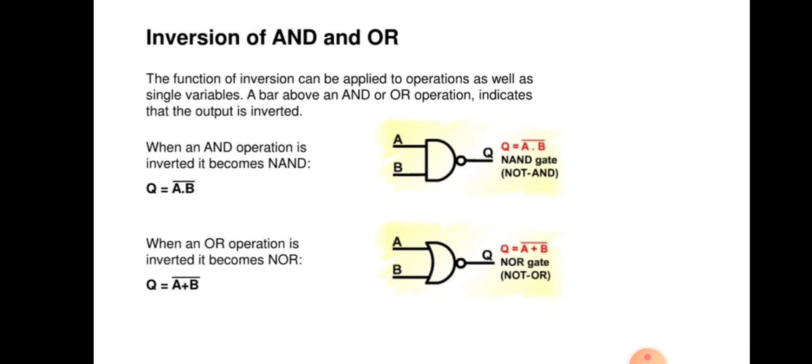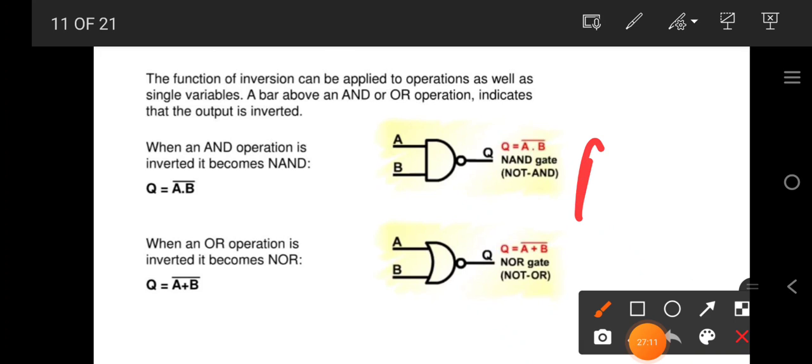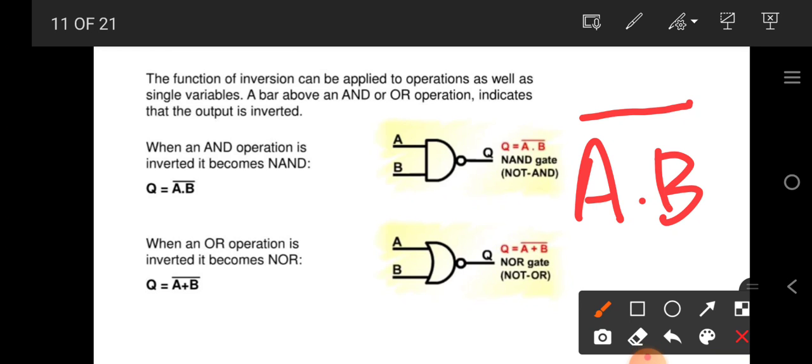From this figure you can see the inputs are A and B. Both the inputs are given to the AND gate, and we have put a bubble at the output of the AND gate. So it becomes the NAND gate. That means A dot B, and after giving the bubble, it will simply invert the output, and it will give the NAND gate.